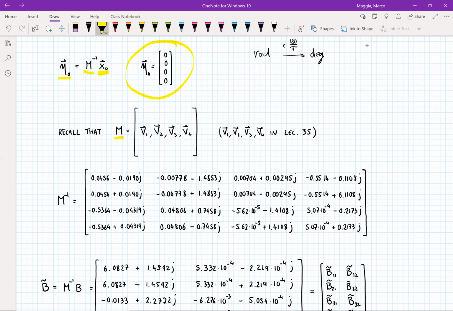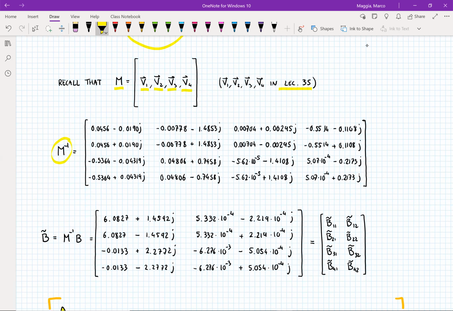And I'm not going to write it down in terms of components because it's just a little bit lengthy, but the expressions for the eigenvectors v1, v2, v3, and v4 are given in lecture 35, so you can find the values for the eigenvectors over there. Here, instead, I reported the inverse of such matrix.